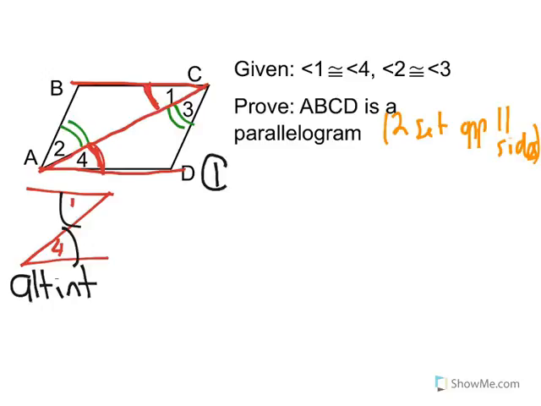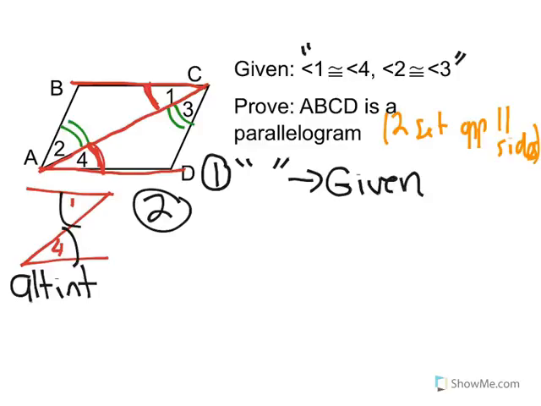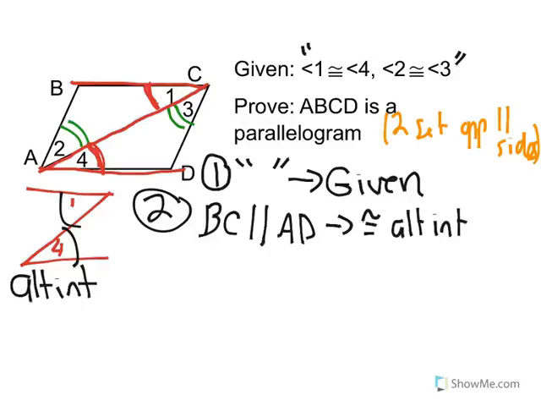So let's start out our proof, writing down what's given to us. And now we just said that BC would have to be parallel to AD because you have congruent alternate interior angles, and that would be 1 and 4.